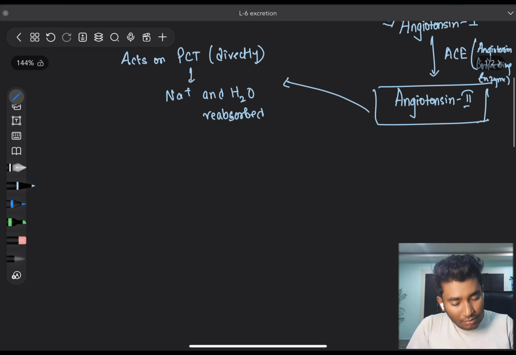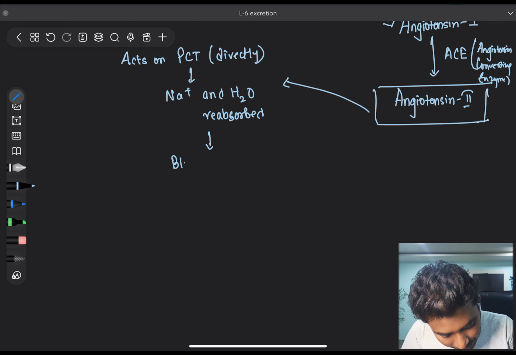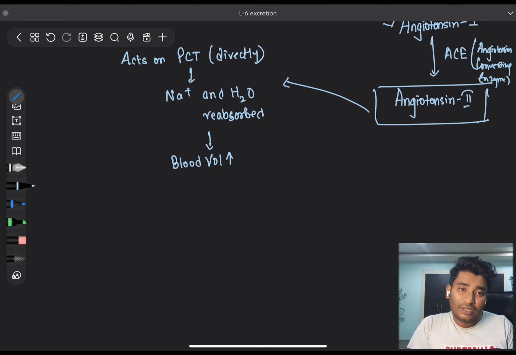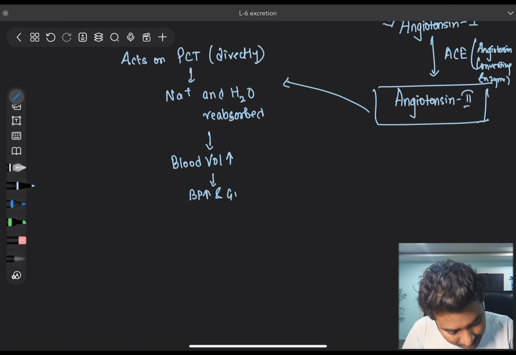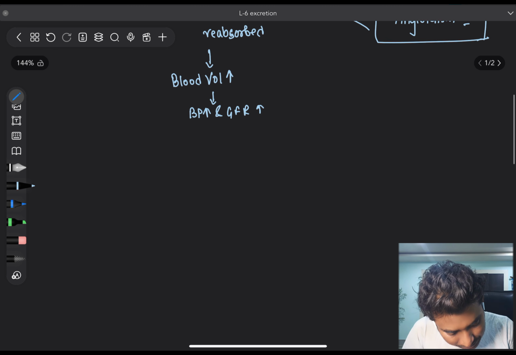When sodium and water are reabsorbed, ultimately the blood volume increases. Thus, when the blood volume increases, the blood pressure and the GFR also increase.